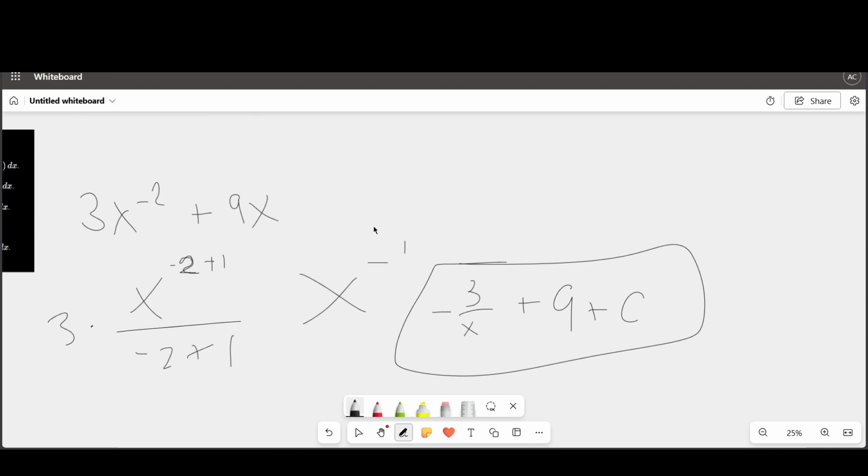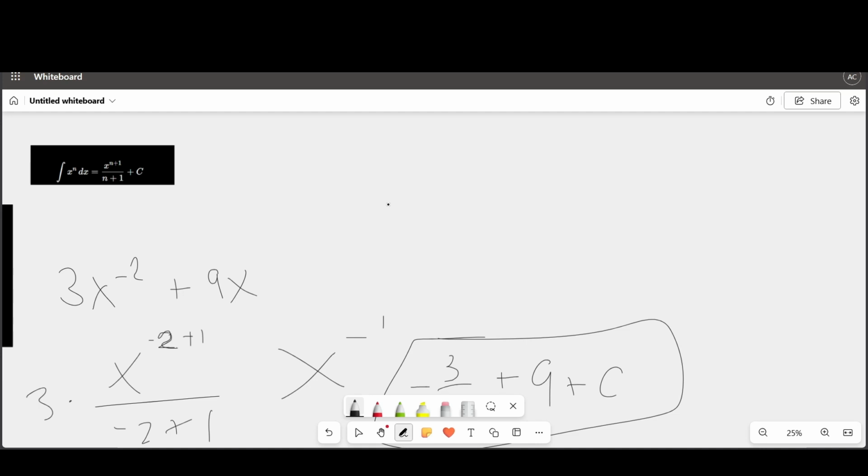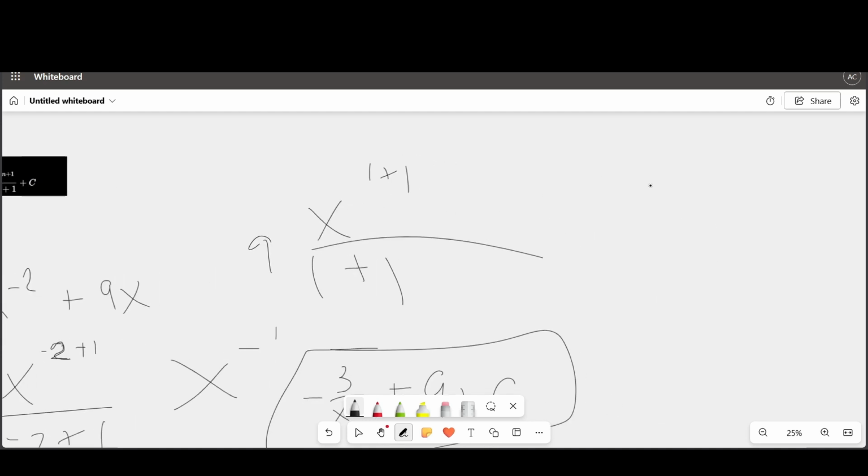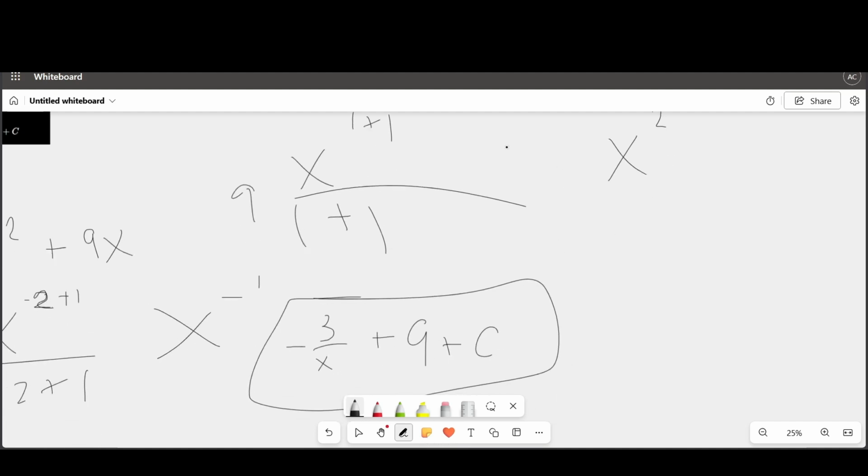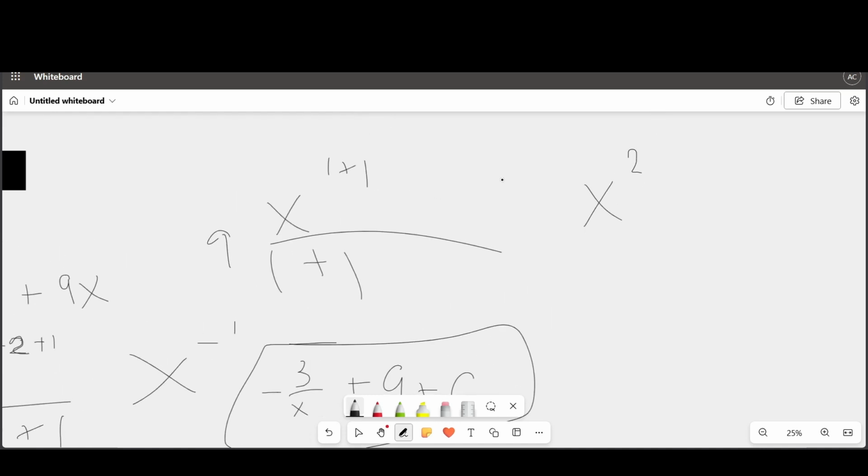So x to the 1 plus 1, 1 plus 1 is 2. Then x squared is gonna be x squared, right? 9 over 2 and then x squared, because that's what it says here.